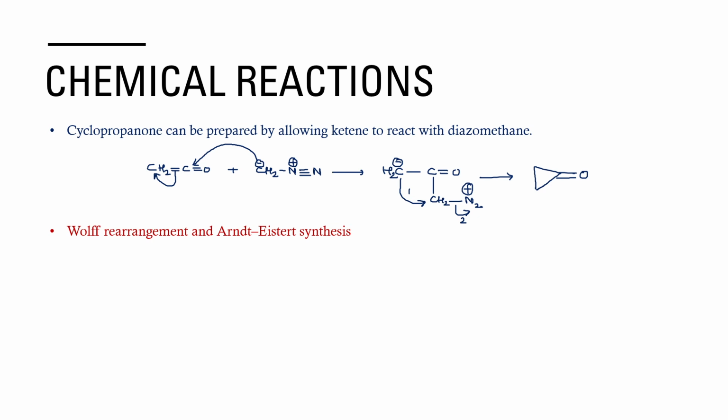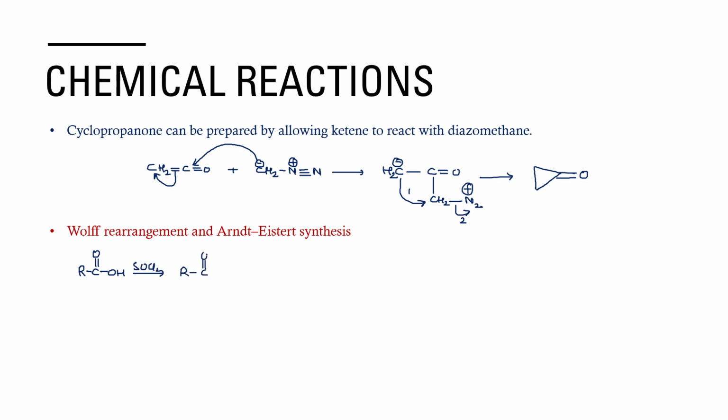Please remember that we have studied this before. What we do in this reaction is that we react a carboxylic acid first with SOCl2 to prepare acyl chloride. We take a carboxylic acid and react it with SOCl2.